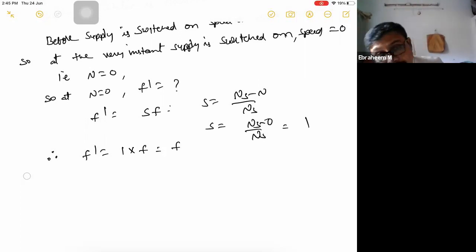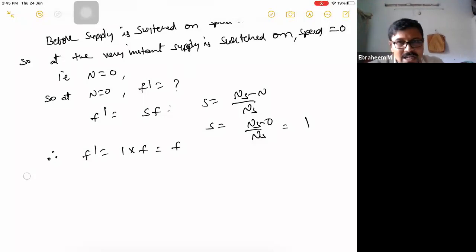That means at the instant the switch of the power supply is closed, the motor is not rotating, so the speed is 0. At that instant, the EMF induced in the rotor will have the same frequency as that of the power supply. That means at standstill condition, induction motor is nothing but a transformer. A transformer will have the same frequency on both primary and secondary, on the high voltage side and on the low voltage side.